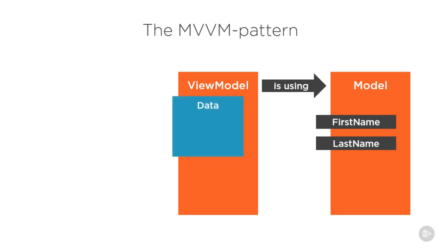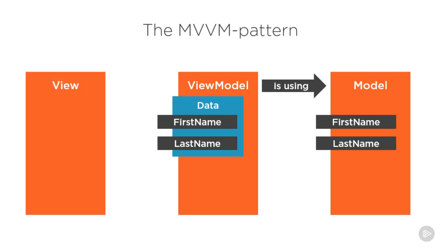For example, the view model could have the properties first name and last name that are accessing the same properties of the underlying model behind the scenes. In addition, the view model could have more properties, like for example, a full name property.